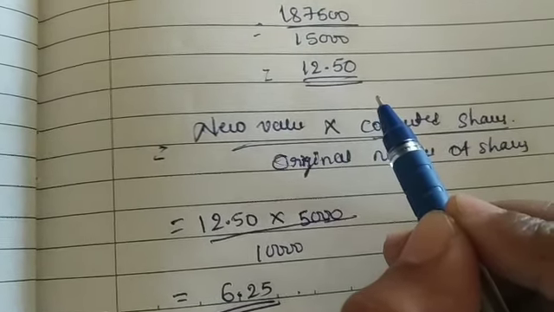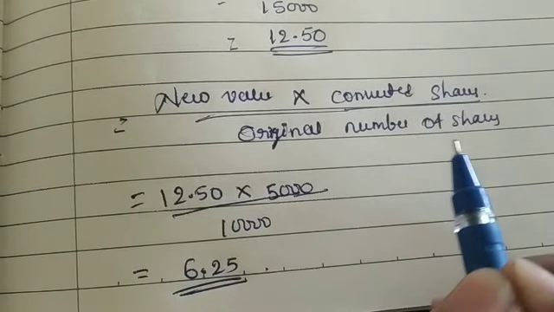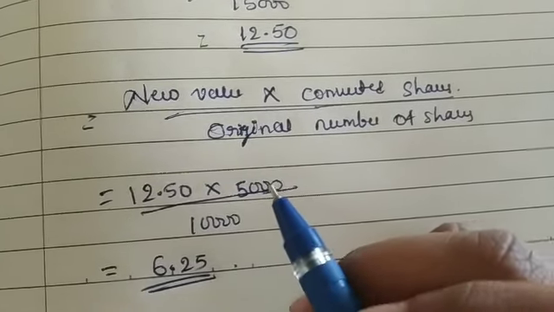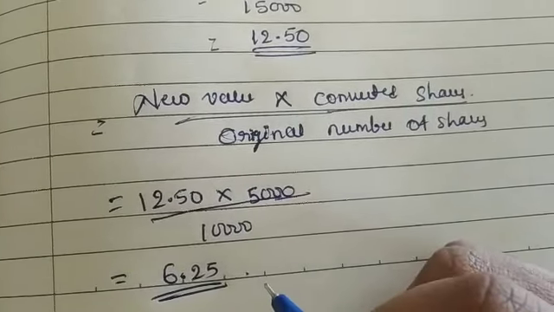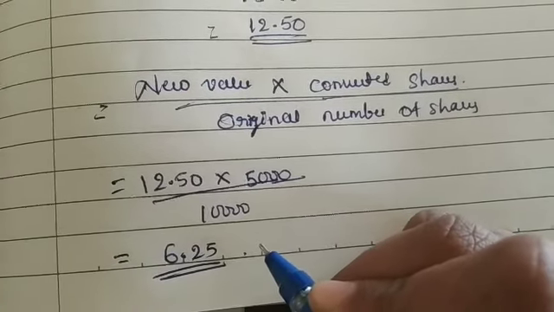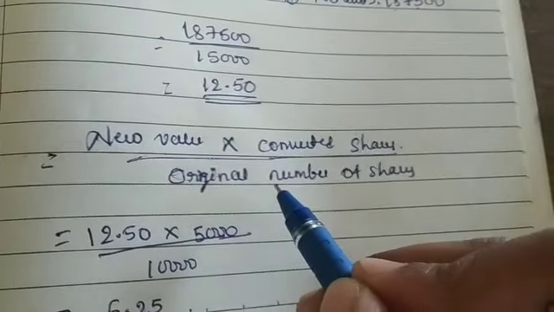Then what about the Y type of shares? Here we have to take the new value, that is the value into converted shares, divided by the original number of shares. Simplifying this formula by putting in the amounts, we get the value per share for face value 5. So we have to do this for both. This is the formula.